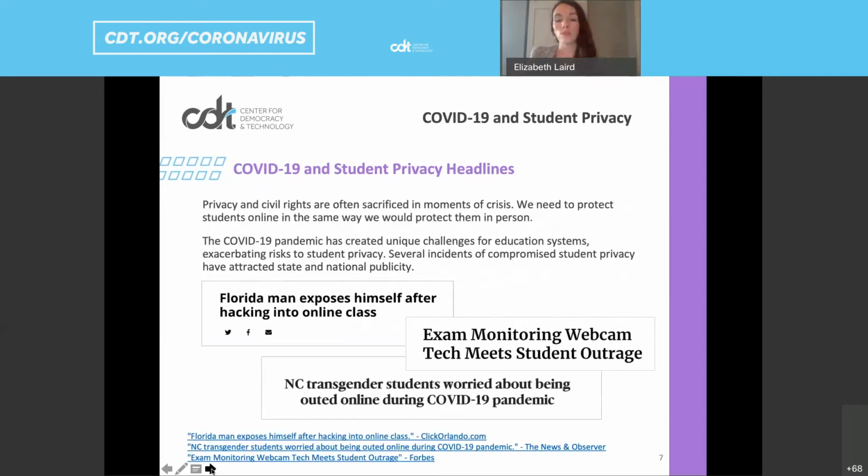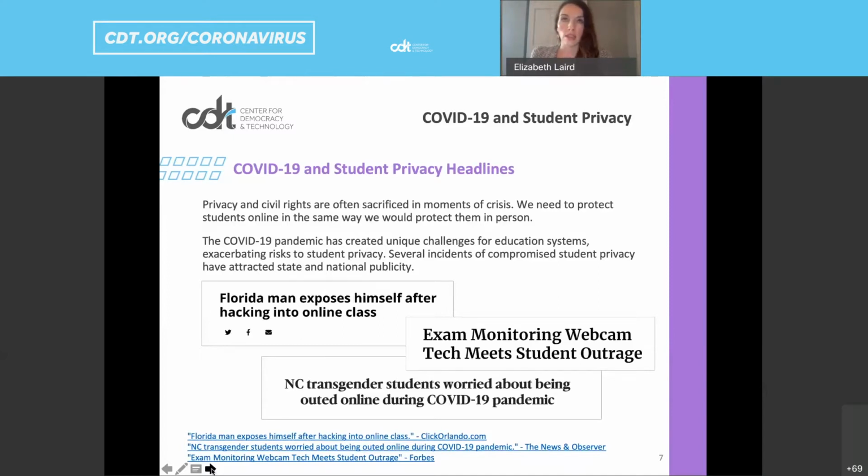Some of you may have seen some of these headlines before, but student privacy has been in the news lately, and not necessarily for getting it right. In the transition from convening students in person in school buildings to moving a lot of that online, new issues have been arising.